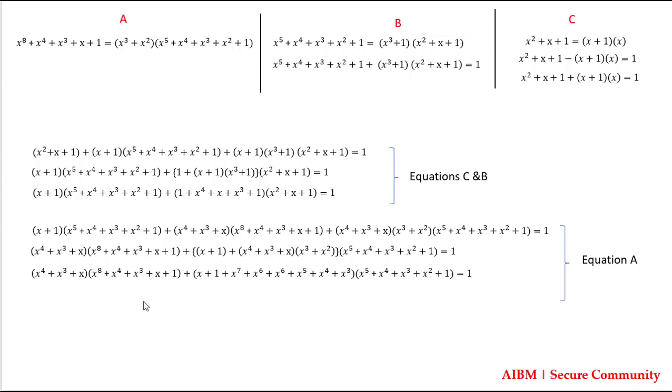In order to reduce it, we will do some mathematical operation on these equations.